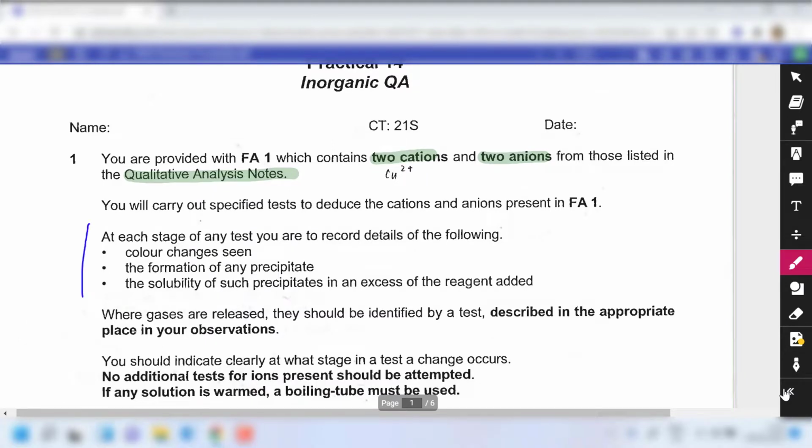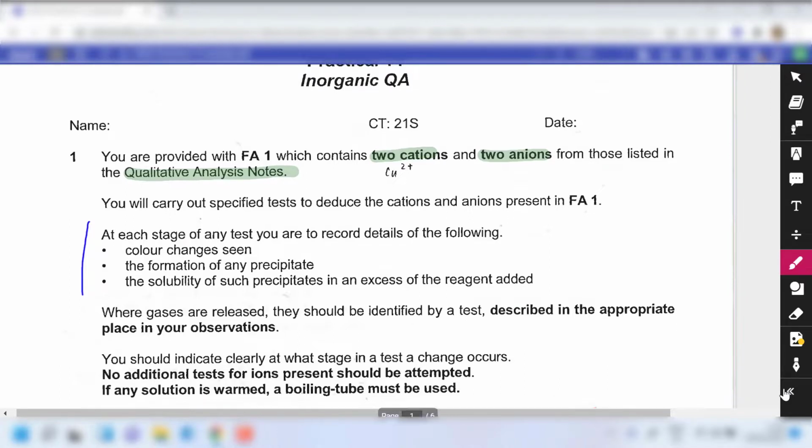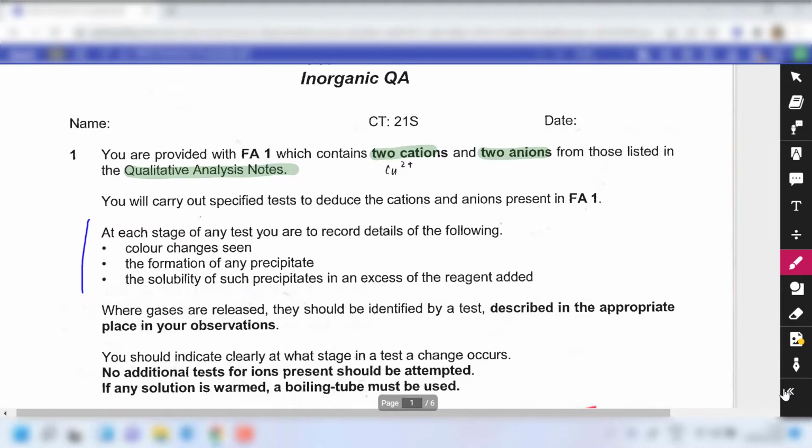And then remember very specific instructions over here. At each stage of the test, you are to record details of the following: color changes, formation of PPT, and then solubility of the precipitates in excess of the reagents. When gases are released, you're supposed to identify them, and if they are being described in the passage, you're supposed to carry them out.